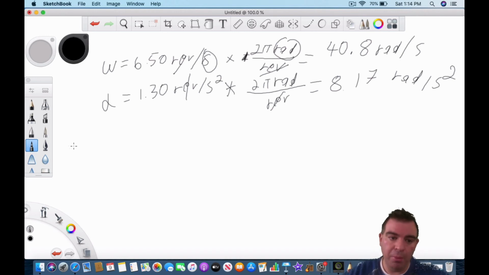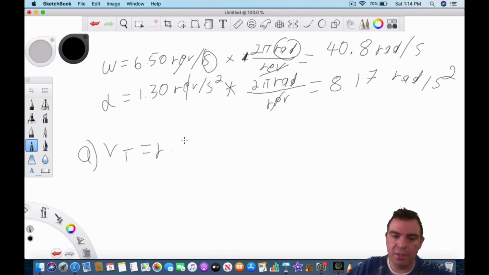Now the problem asked us, for part A, to find the tangential velocity. What is the formula? The formula is R times omega, the radius times the angular velocity, which gives us tangential velocity. What is the radius? We're looking at the first point, and the problem said 3 meters.